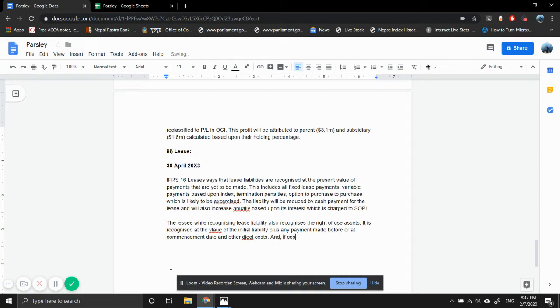And if the cost model is used, it is depreciated over the lower of the lease term and its remaining economic life.